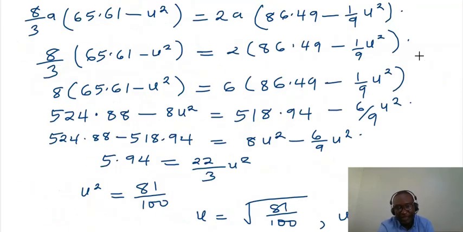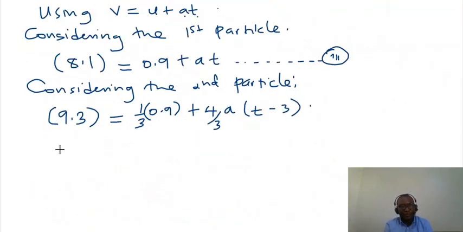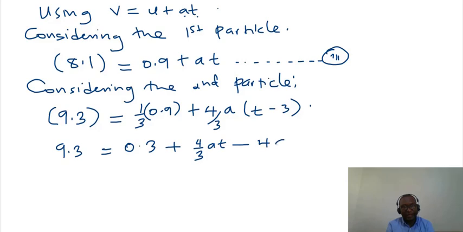So it's going to be t minus 3. Okay, so this is 9.3 being equal to, we work on this, this is 0.3 plus 4 over 3 at, okay, minus 4a when you open the brackets here. You can call this equation 4.